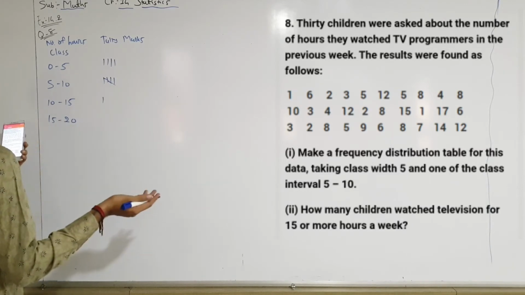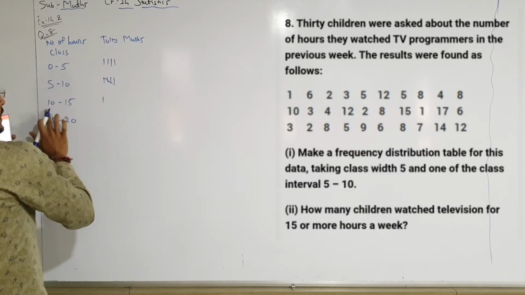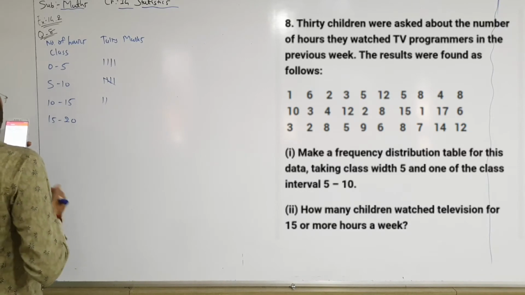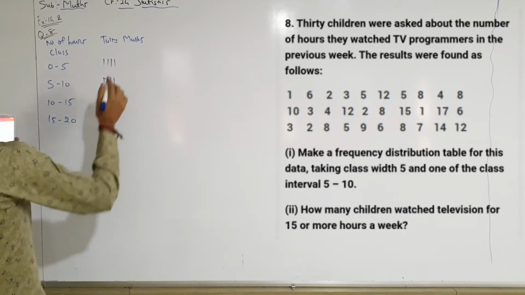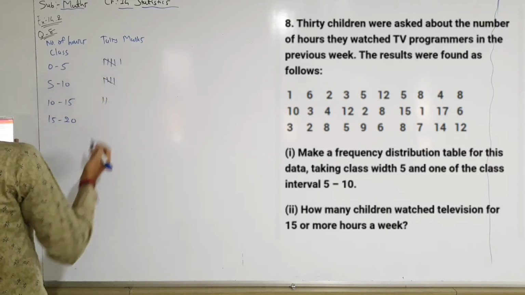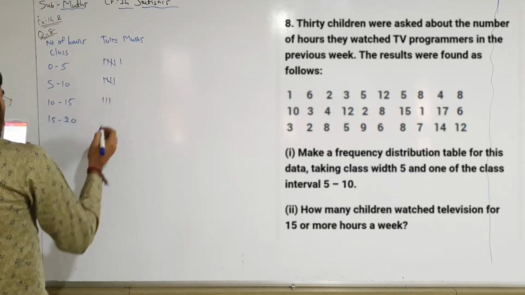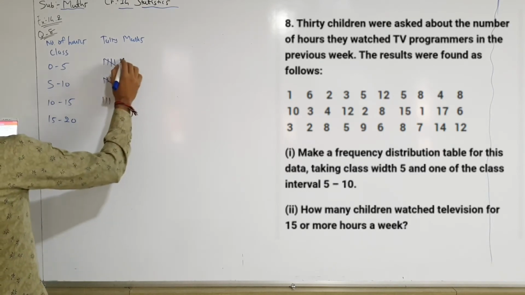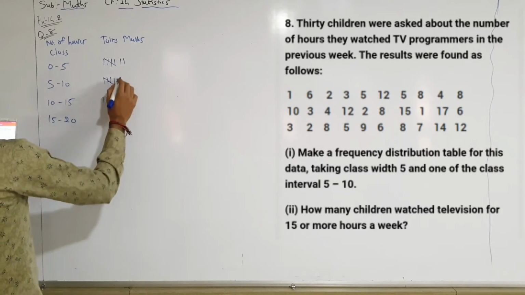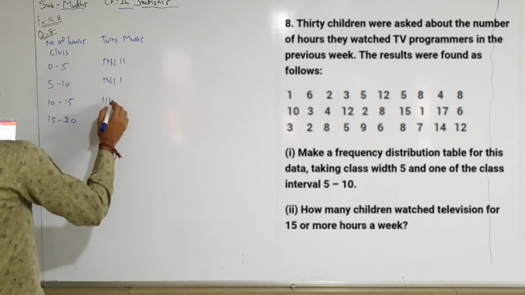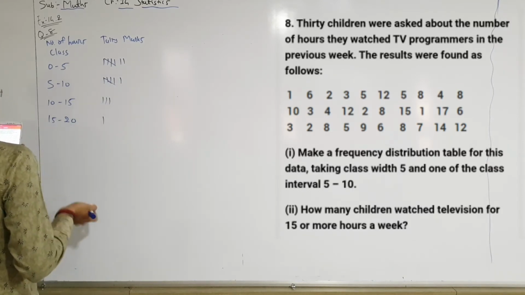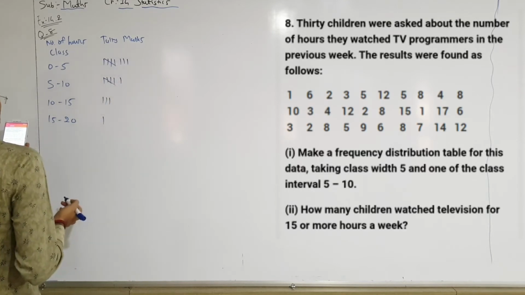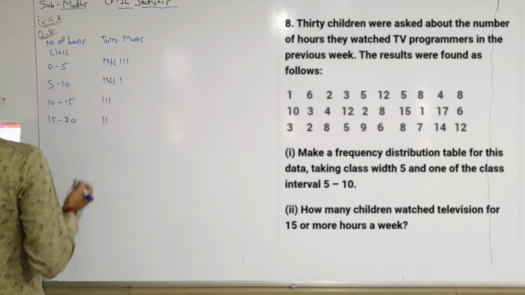Now the second line: 10 is here and also here. In which will we put it? In the lower one. Then 3, 4, then 12, then 2, 8. 15 will go in the lower one. 1, 17, 6.